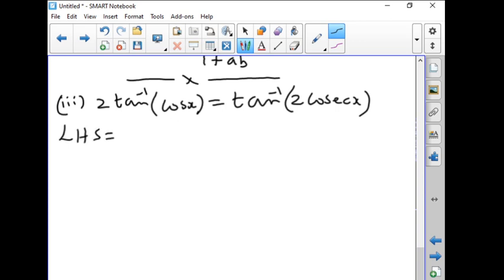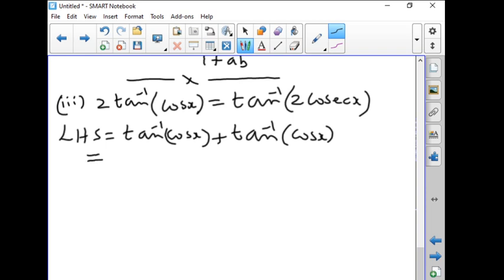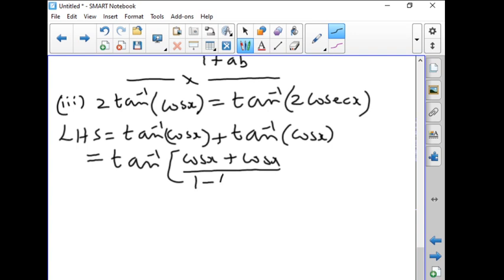What is it? 2 tan inverse of cos x. So, we can write that as tan inverse of cos x plus tan inverse of cos x. So, using the identity, we can write this as tan inverse of cos x plus cos x by 1 minus cos x into cos x.